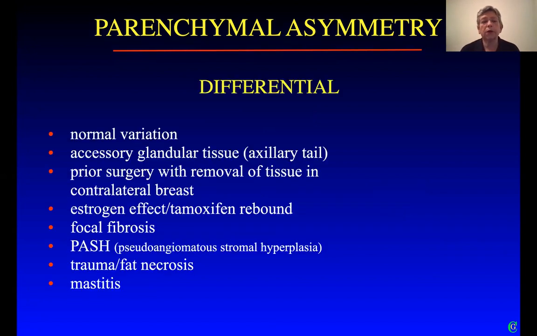In terms of a differential, parenchymal asymmetries are often normal variation. You can have accessory glandular tissue, as I just showed you. Keep in mind that if a patient has had surgery to one breast with removal of tissue on subsequent mammograms, the contralateral side may now appear to be asymmetric because there's tissue there that's been removed from the other breast.